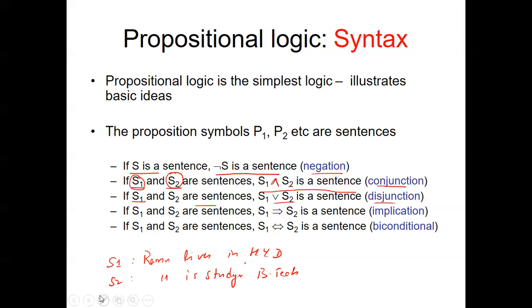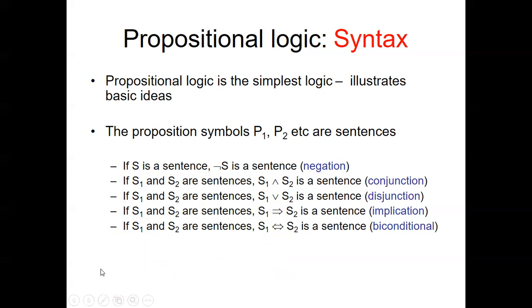Basically, if there are two sentences, then they can be connected by using or.